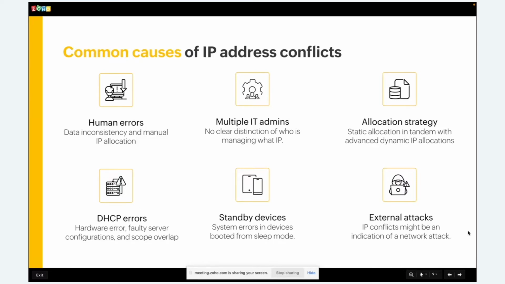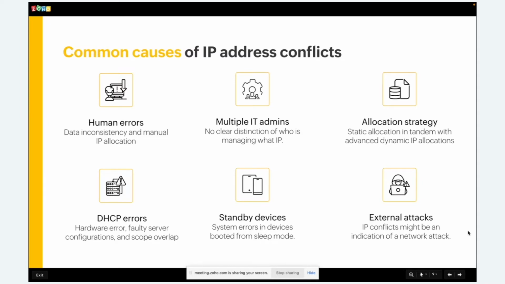Well, the first common cause is human error, which is a very classical cause if you ask me, because most network issues can sometimes be because of human error. Our IT admins are very careful in their work. They are very committed towards giving the best quality to the end users. But sometimes issues such as data inconsistencies and manual IP allocation issues can easily cause an IP address conflict.